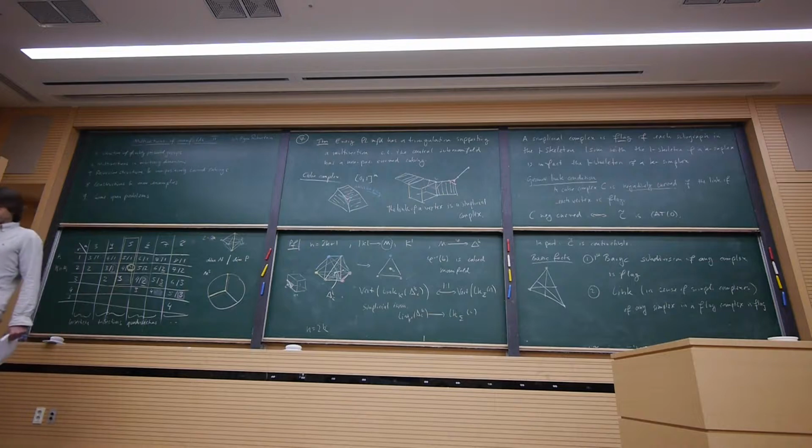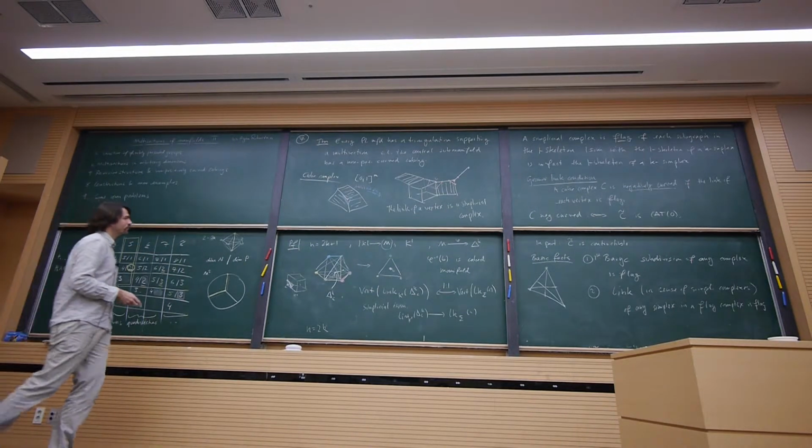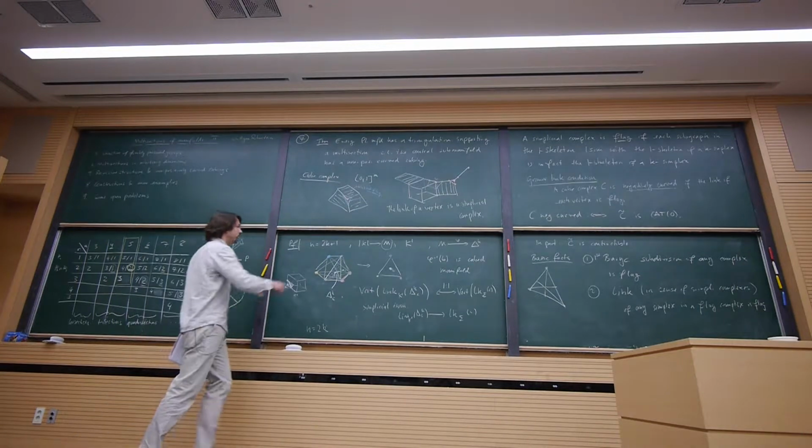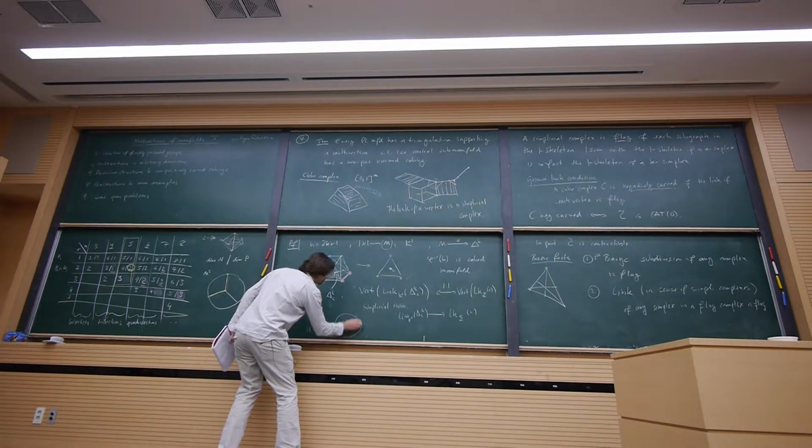But the problem is that in dimension 6 and higher, this destroys the flag condition. When you do this, the complex you get after it is not flag anymore. So ouch. We then found a trick to arrange for the same thing, but not using the first pericentric subdivision, but using the second pericentric subdivision.